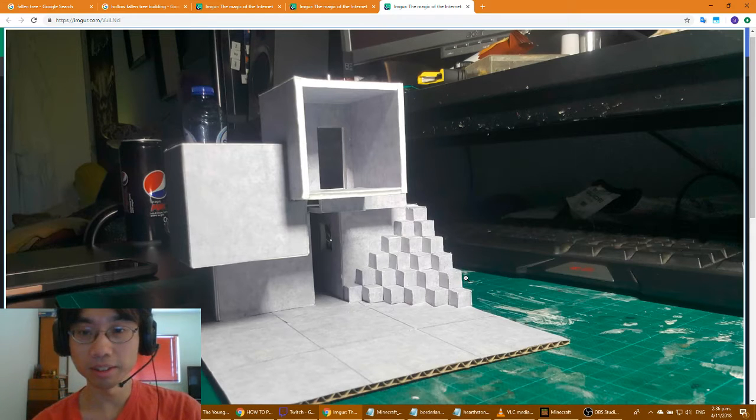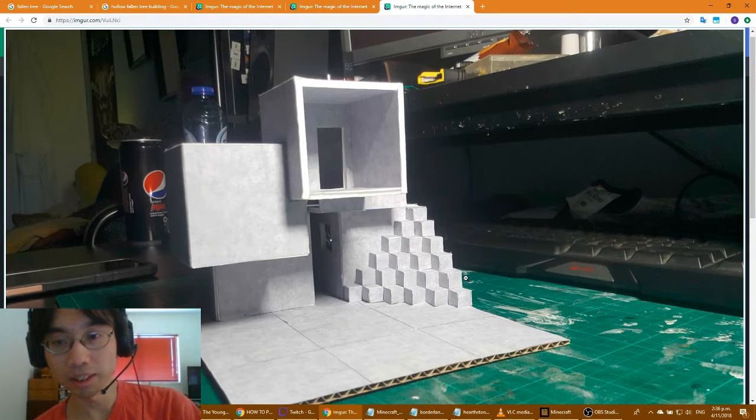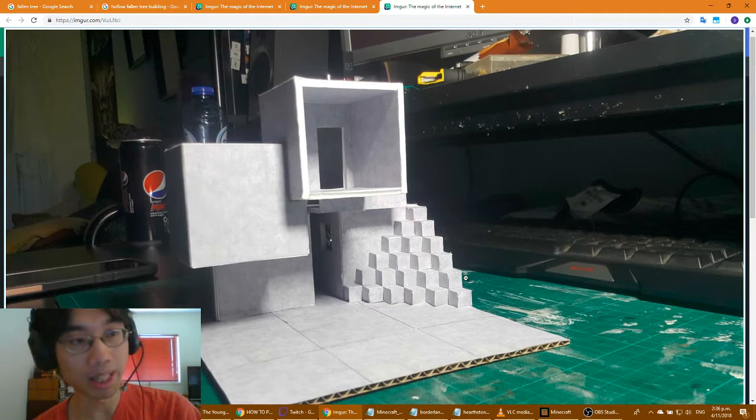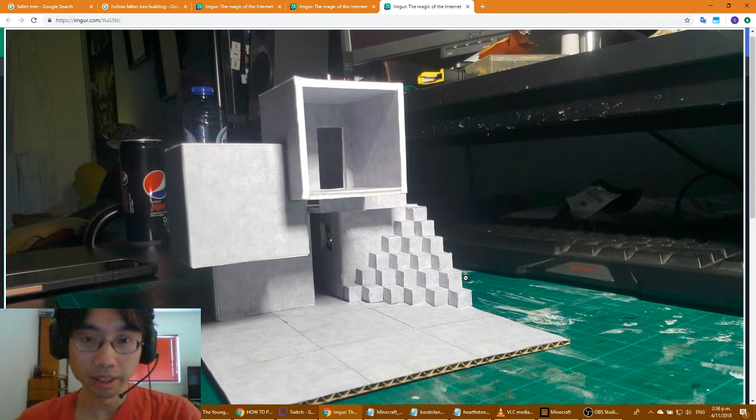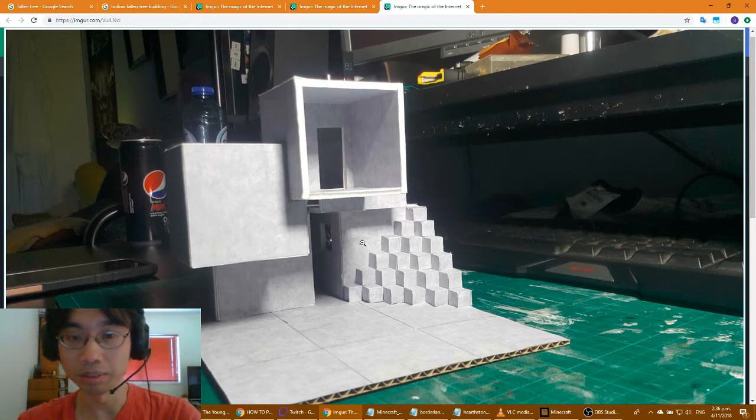So it's one of these things where I think it's very hard to understand without being able to walk through it, because an important part of the design is going around in a spiral like this and coming out here and looking out again.